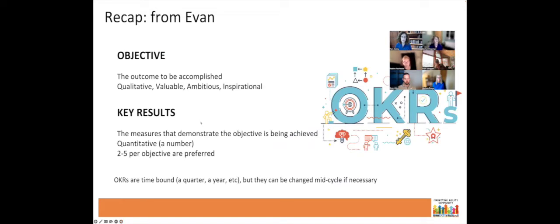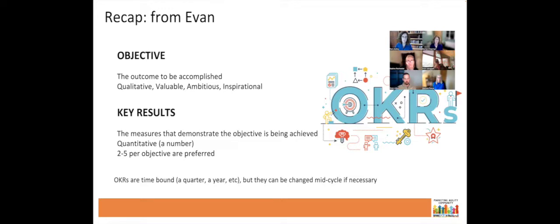And then just a little bit more again from Evan, so let's get into a bit more detail. So the objective is the outcome, as we've already said. Objectives would usually be qualitative, they'd be valuable, so they need to have value to the organization.